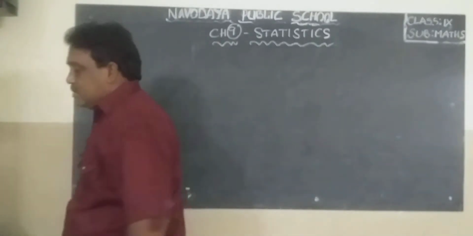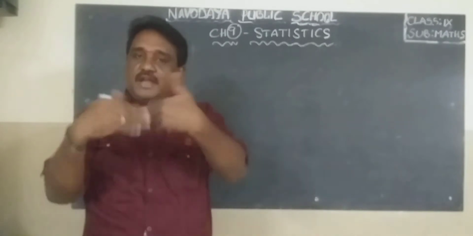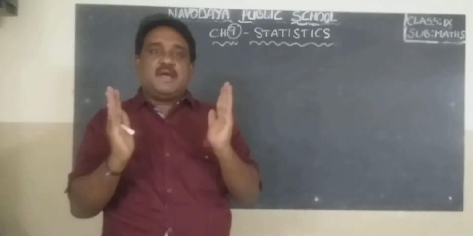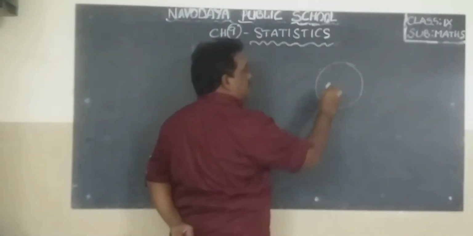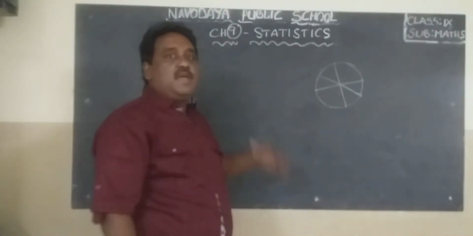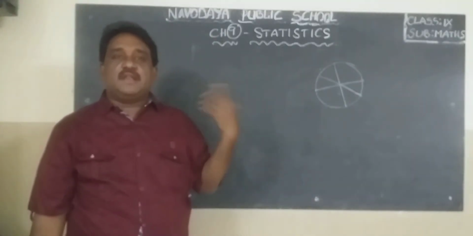So where do we see statistics in our daily life? In cricket matches we see statistics. In cricket matches, circular diagrams are there. The circle is divided into a number of parts. There, what they are writing inside each and every part, they are writing runs.